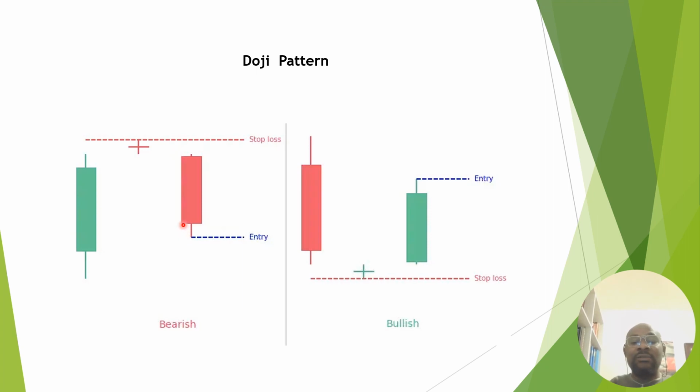As soon as it is fully printed, on top of it is where you place your entry. Place an entry, and put your stop loss down here, at the downside of the doji candle. Then in case of an uptrend, now you see, this is a bearish candle.